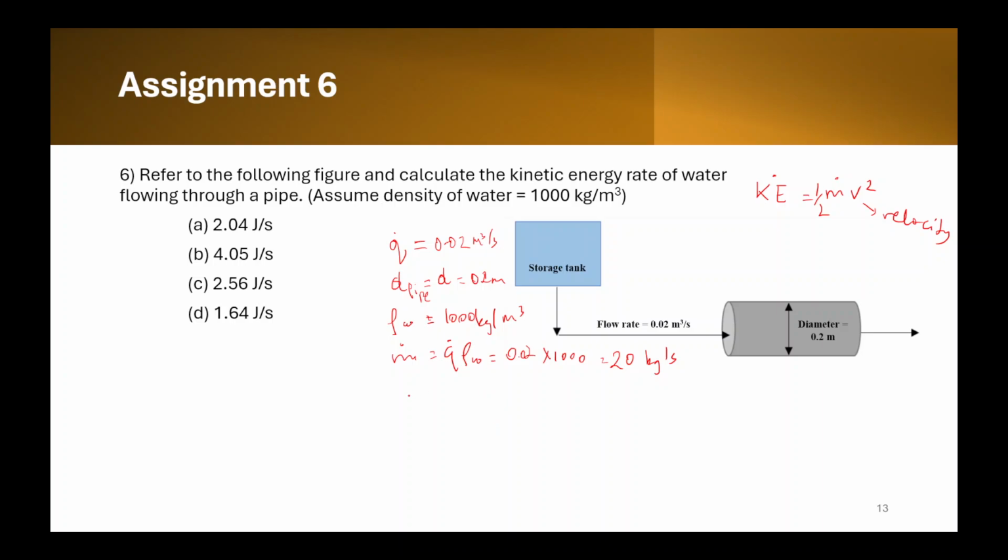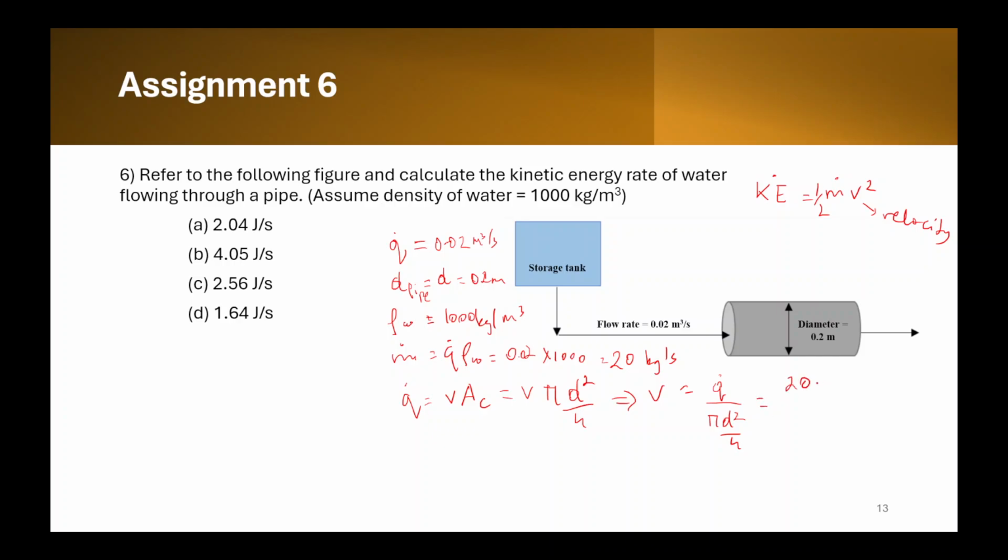So volumetric flow rate is equal to V into Ac. V is velocity and Ac is area of cross section. So that will be equal to V into pi d square by 4. So V comes out to be Q dot by pi d square by 4.